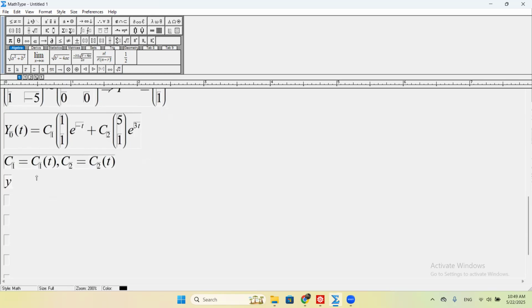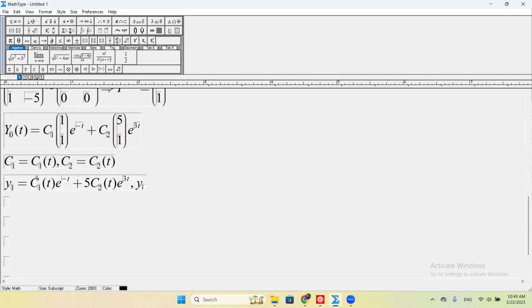So y1 equals C1 of t e in power of minus t plus 5C2 of t e in power of 3t.